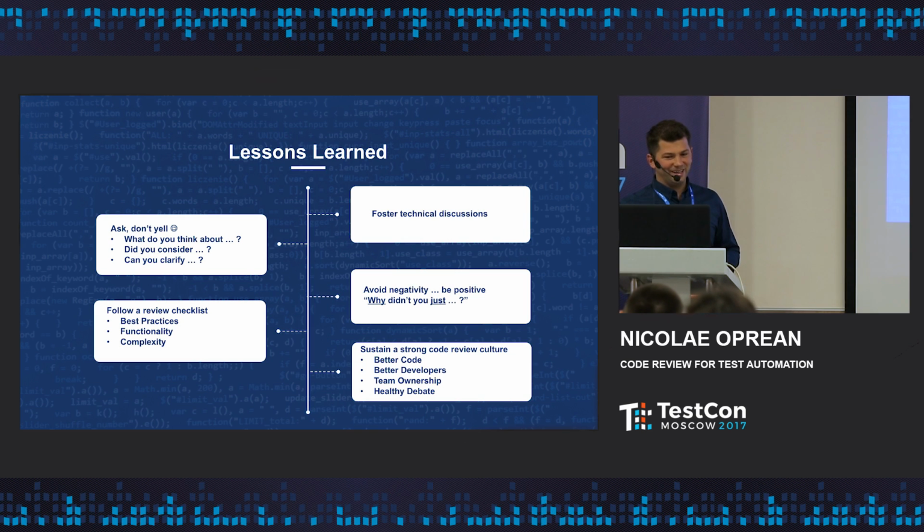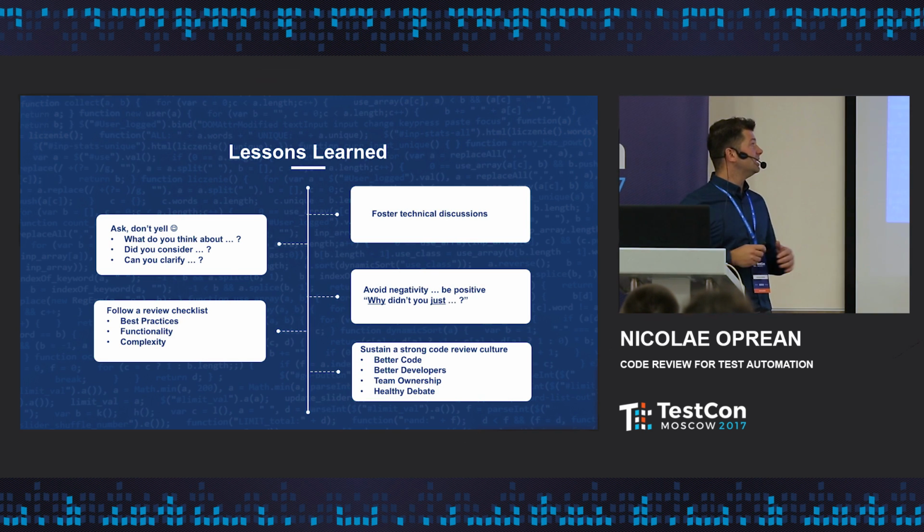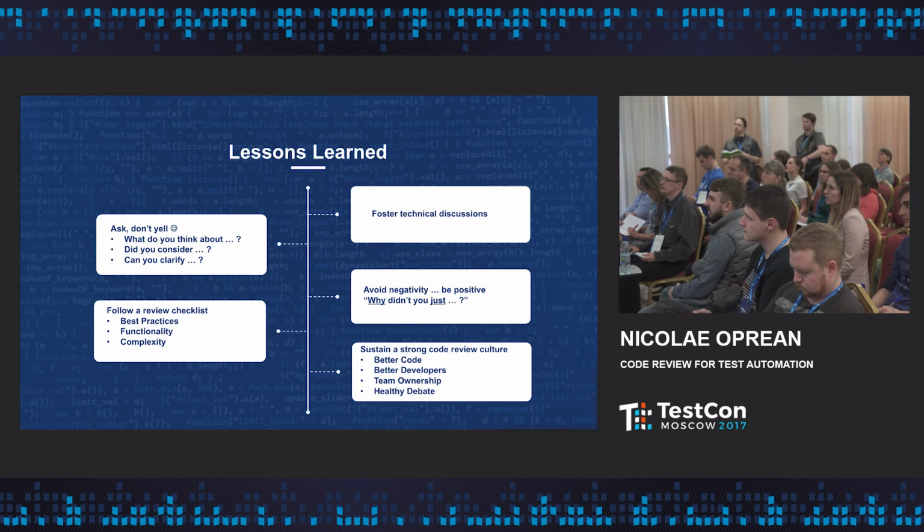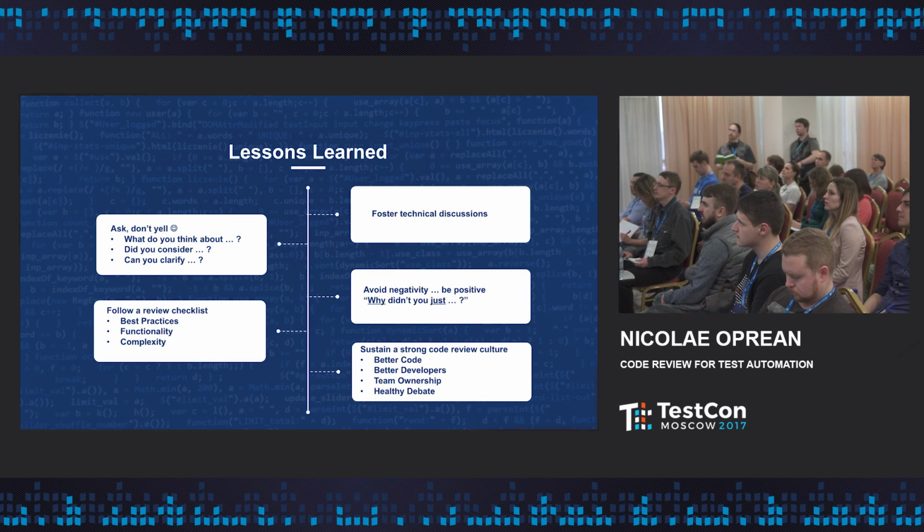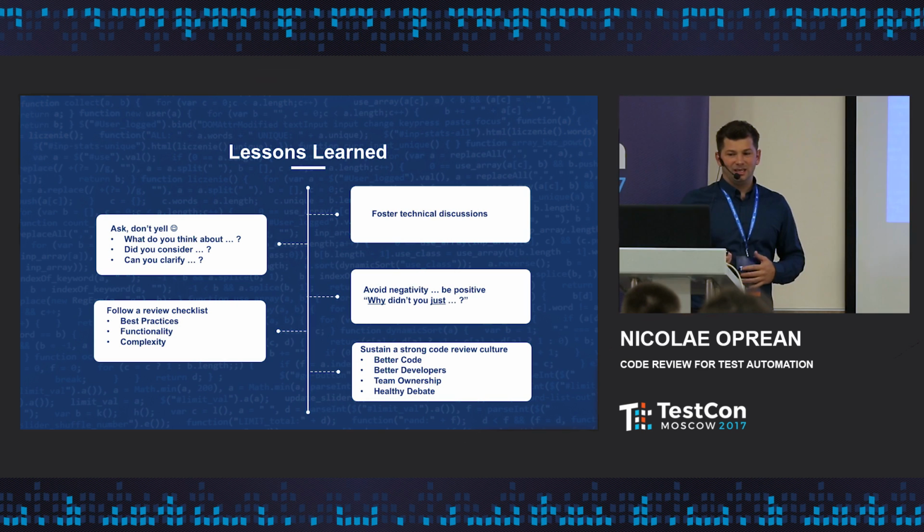So what do you think about, as opposed to you need to do this right now? Did you consider, as opposed to why didn't you implement it this way, or can you clarify instead of anything else? So yeah, try to use such questions to ask for clarification, to understand what the code created means.